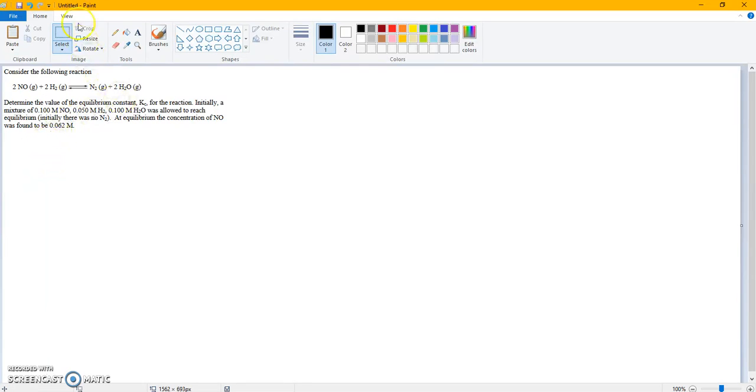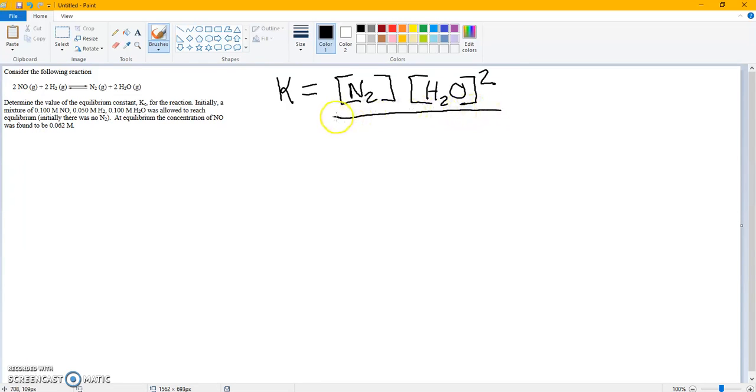First thing I do is I write my equilibrium expression, because that's what they're asking for. So, oops, I forgot to push my brush. Sorry about that. Alright, so K is going to be equal to my nitrogen times my water. My water needs to be squared because of that coefficient.